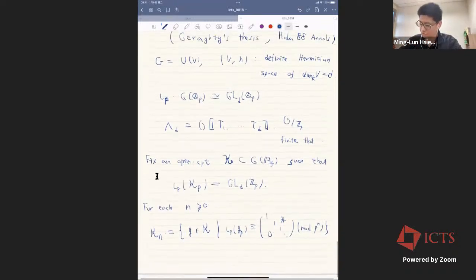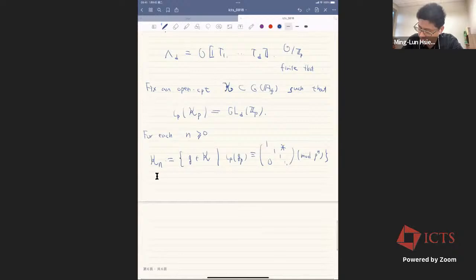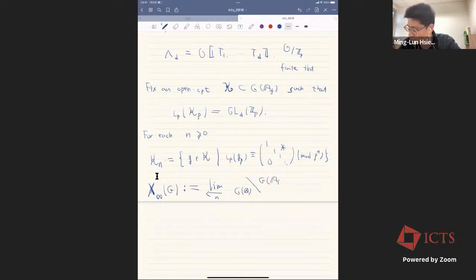Okay, and I'll consider the following profinite sets. X_∞(G) is defined by the inverse limit over n of G(Q) backslash G(A_F) modulo K_n.